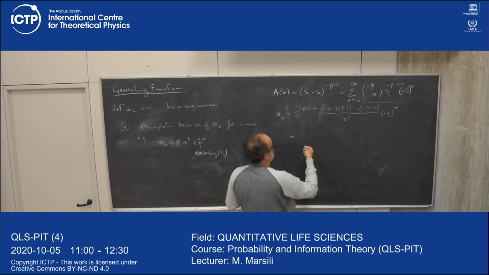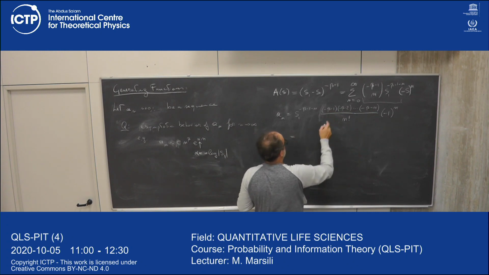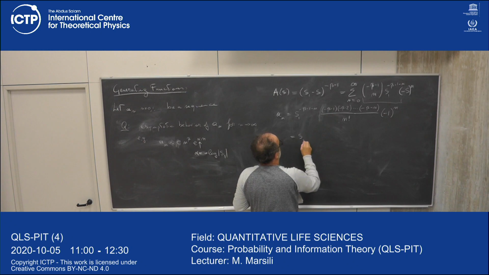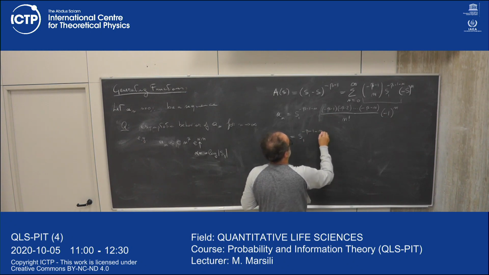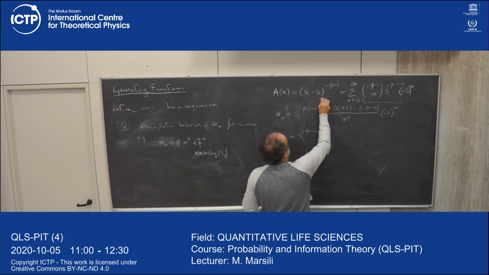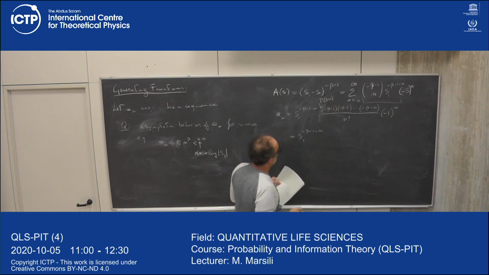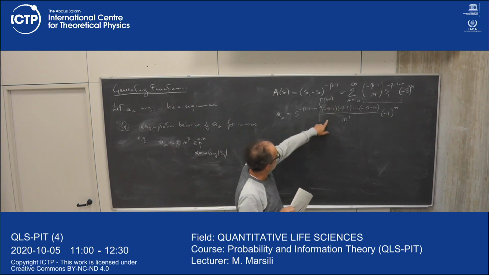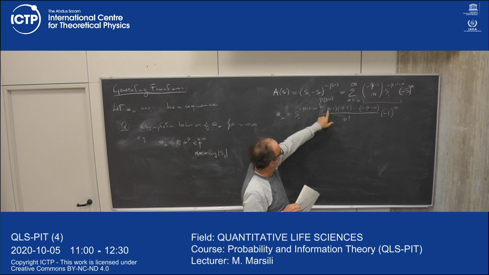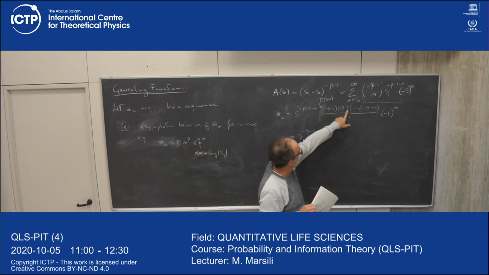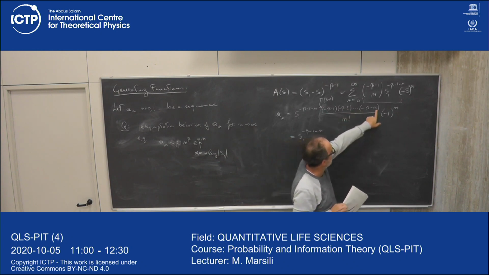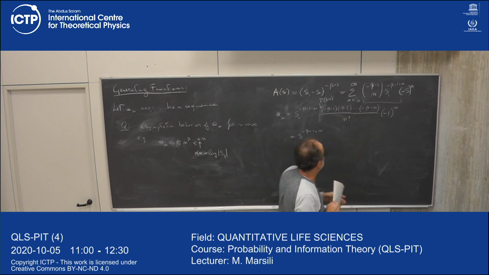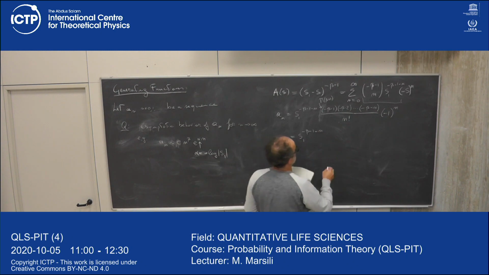So if I multiply by gamma of beta plus 1 above and below, this gamma of beta plus 1 times beta plus 1 gives me gamma of beta plus 2, and this gives me gamma of beta plus 3, etc., up to gamma of beta plus n.